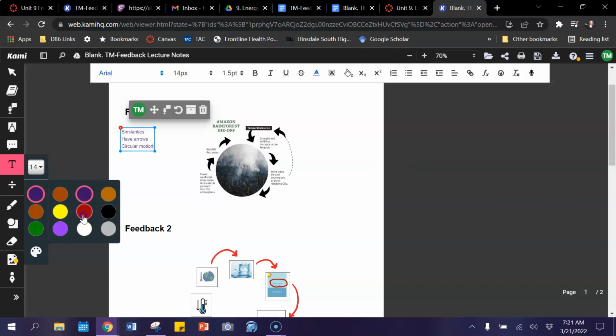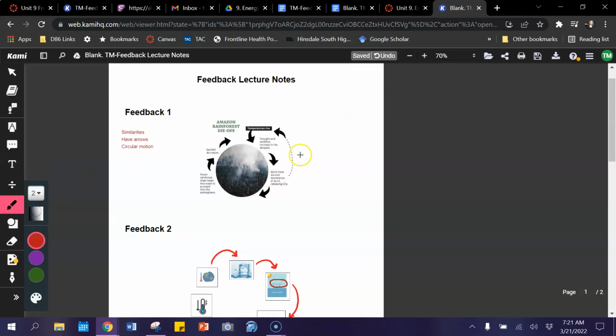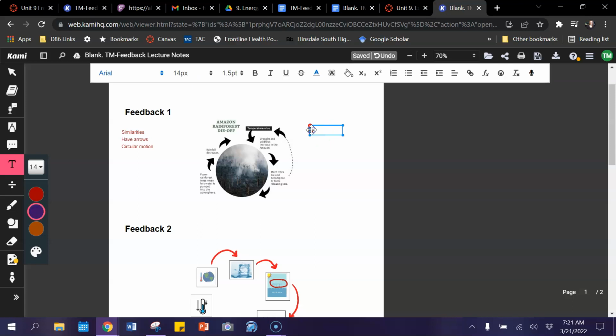But by the same token, we also have some differences between these two. For instance, our loop number 1 doesn't have a clear beginning or a clear end.